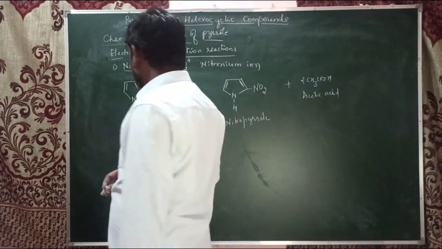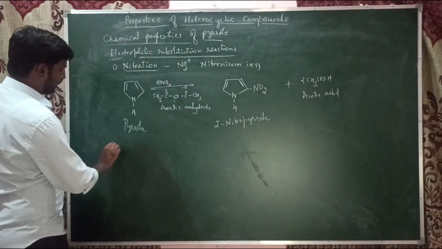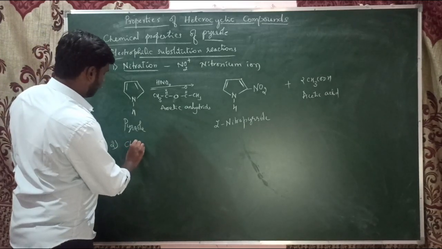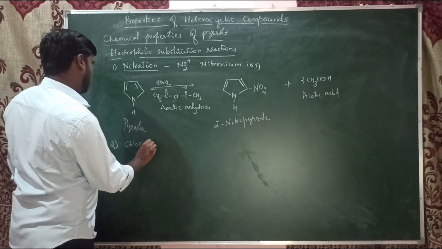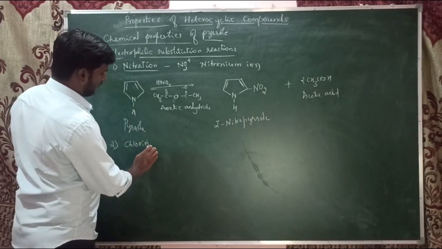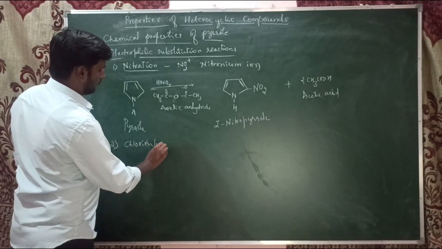The second example: it undergoes halogenation also. For example, chlorination readily occurs in the case of pyrrole.